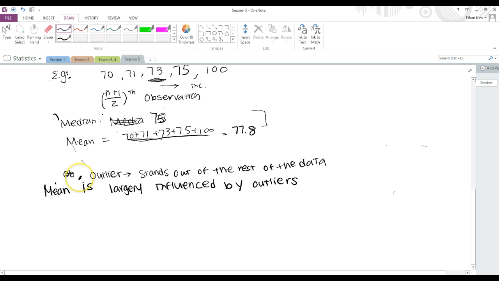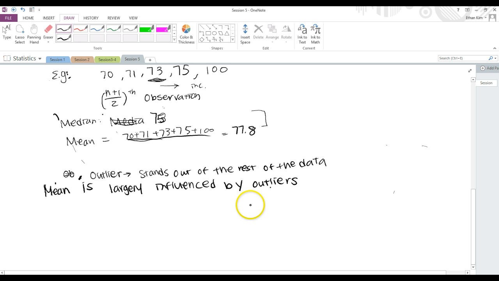Let me phrase this differently. When there is an outlier, you might want to use the median instead of the mean, because the mean is largely influenced by outliers, right?